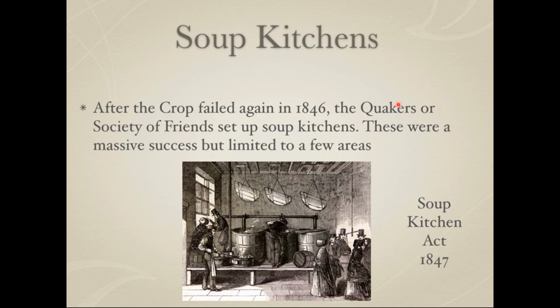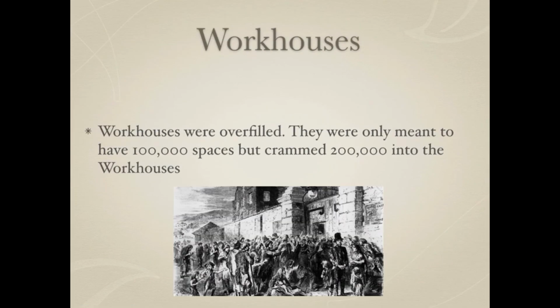Okay, so it's important to remember that in 1846 the Quakers set up the first of the soup kitchens, and in the next class we're going to be looking into 1847 and why it's so influential. And going back to the workhouses, as we looked at in the last class, the workhouses were totally overfull. They were only meant to have a capacity of 100,000 spaces, but they had crammed 200,000 into workhouses.